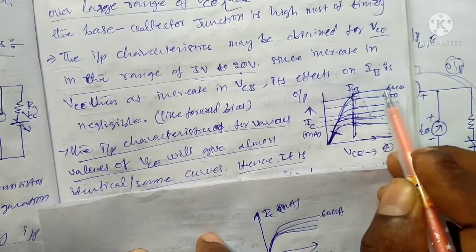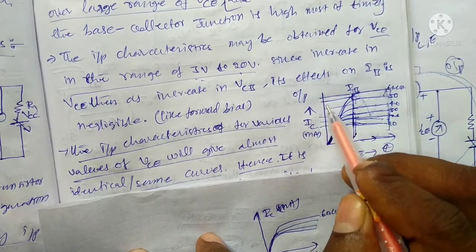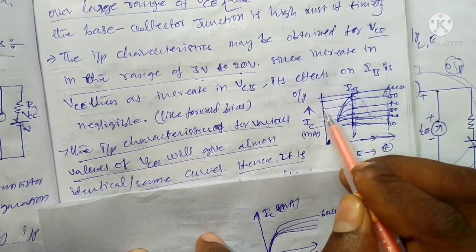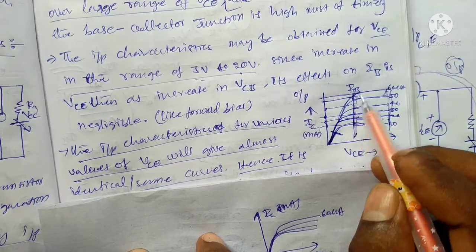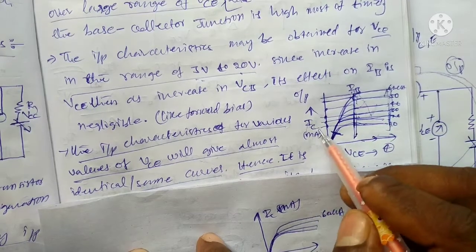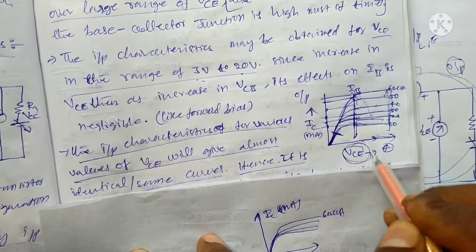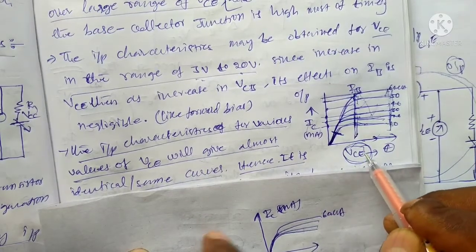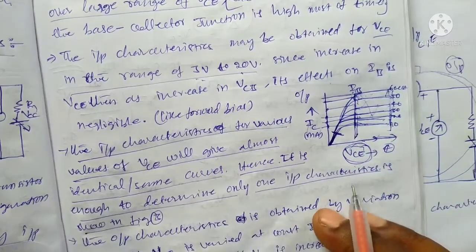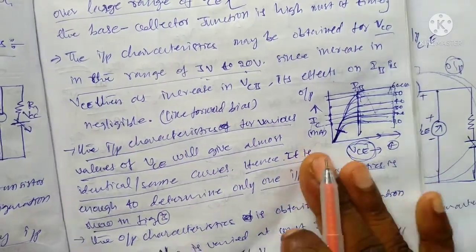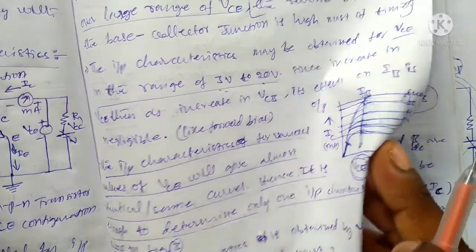For 60 microamperes the IC current is here, then 50, 40, 30, 20, 10. As the base current increases, the collector current increases, but there is no effect on the voltage VCE. This is the output characteristics of the CE configuration.